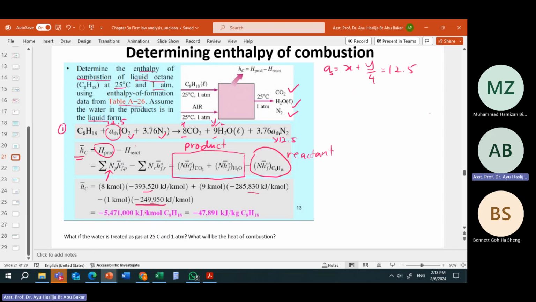Then, you do the calculation, try to calculate whether you get the figure. H2O tu ambil liquid lah. Value for liquid. So that is why negative 285.